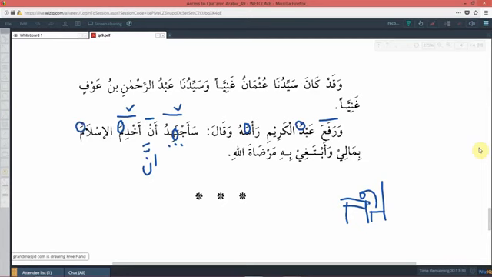Islam is مفعول به منصوب. It's the object of the service that he's going to give. I'm going to serve what? I'm going to serve Islam. بمالي, with my wealth. وأبتغي, and desire or seek. به, with it. مرضات الله, the pleasure of Allah.